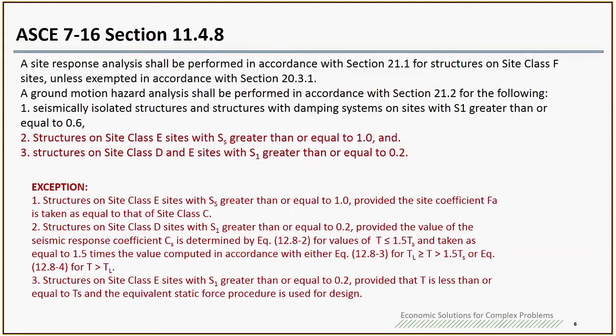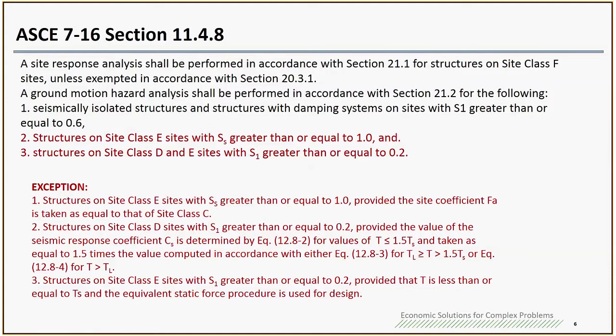So first, for structures on site class E with Ss greater than or equal to 1.0, you need to do the site-specific response analysis or the ground motion hazard analysis. And the same thing for structures on site class D and E with S1 greater than or equal to 0.2. You also need to consider the ground motion hazard analysis. Below that, it provides three exceptions.